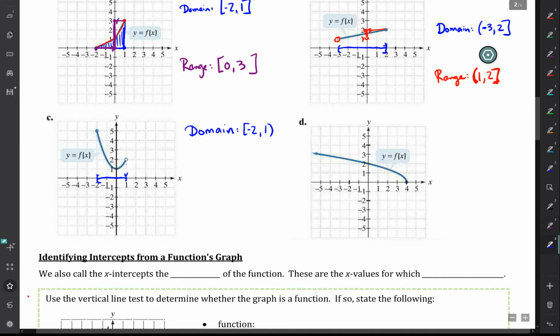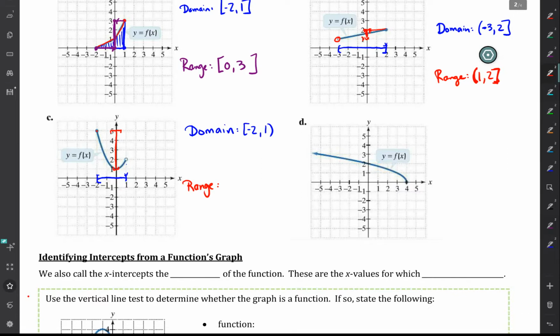Okay, let me clean the graph up a little bit, and we'll compute the range. So the range is all the outputs, and here you see y equals 5 is an output when x is -2. Y equals 1 is an output when x is 0.